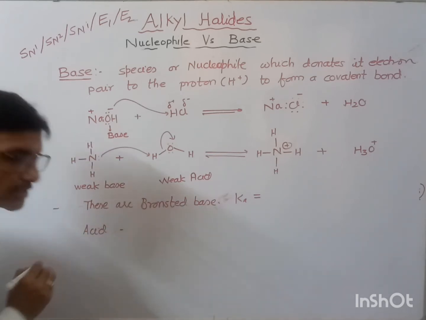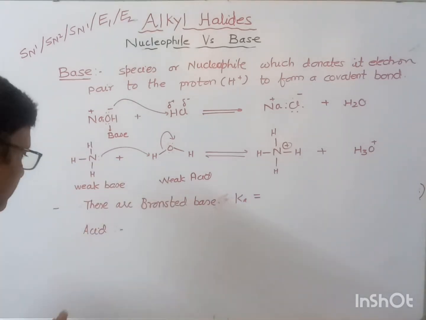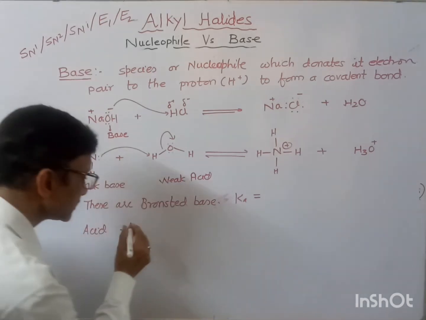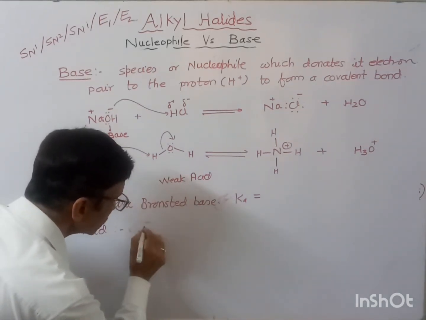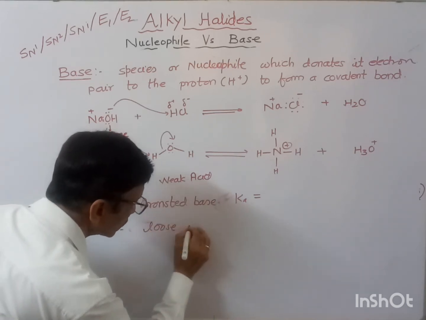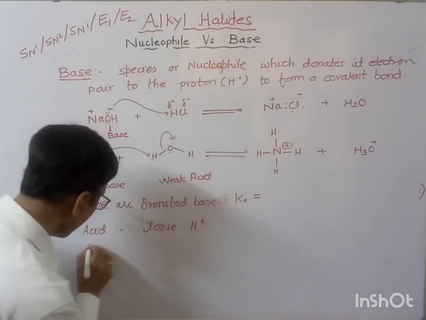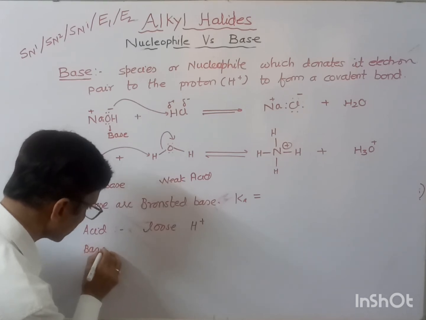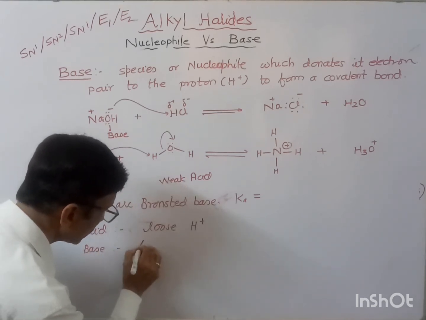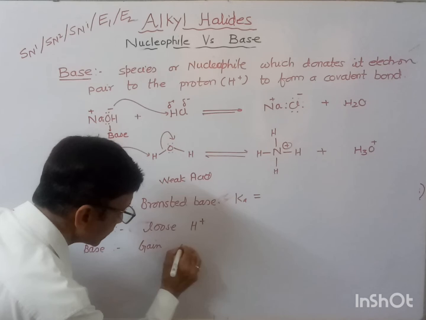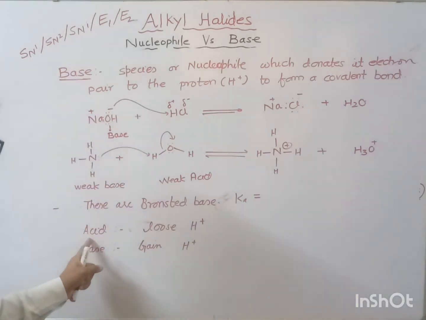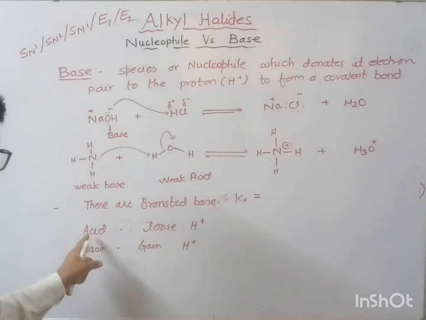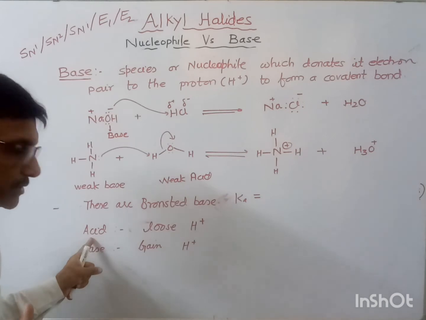According to the Bronsted concept, acids are the species which donate or lose a proton, which lose H plus, and bases gain H plus, a proton. And what corresponds to this acid in the Bronsted acid-base concept?